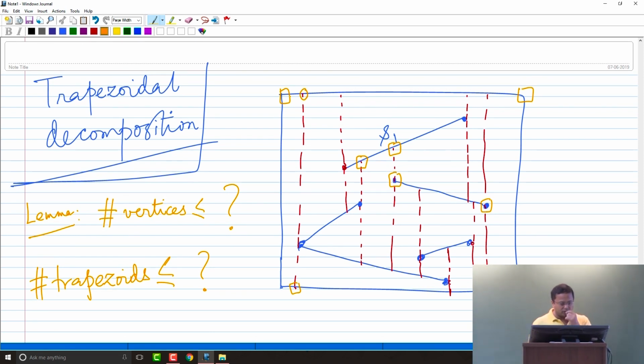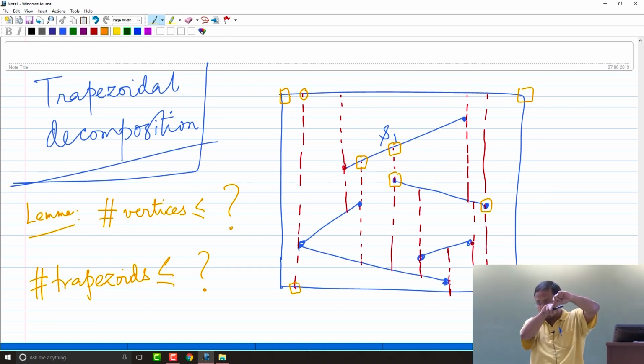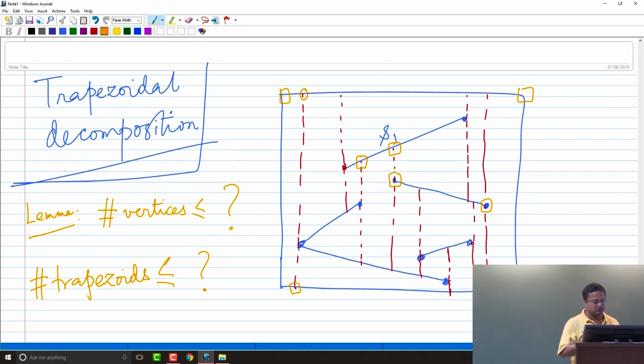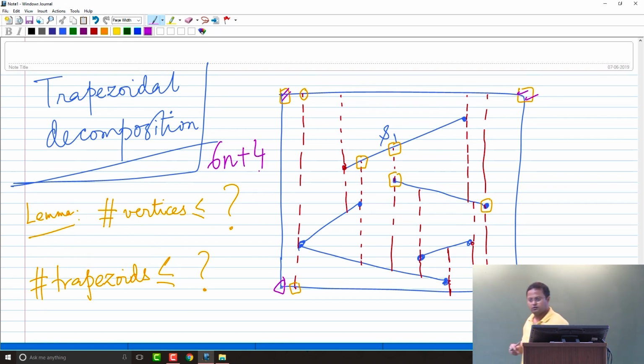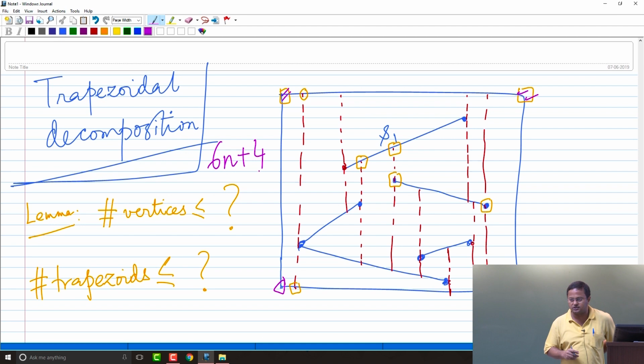Fine. So, let us count the number of vertices. 6n, right, because for each vertex you shoot a line above and below, and it creates 2 new vertices, and you have this one. So, per segment you have 2 vertices. So, you have 6n, and include these 4, right. So, the number of vertices that you have created is linear.